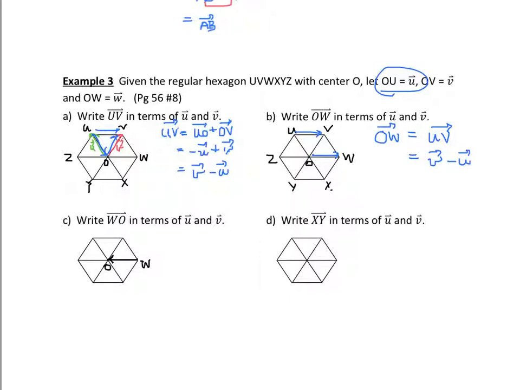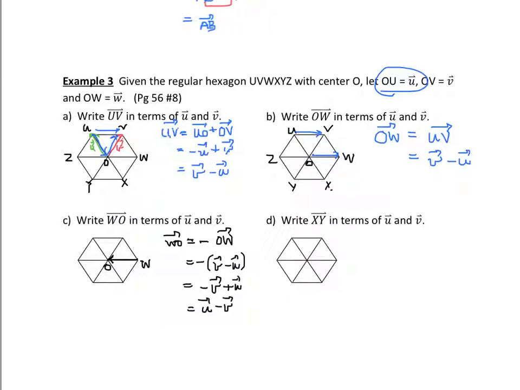So WO is the same as negative OW, which is the one that we were just looking at in part B. So that would be negative (v minus u) from part B, which can be rewritten without the brackets as negative v plus u, or u minus v. So you can see there's a lot of algebra involved in these kinds of questions.